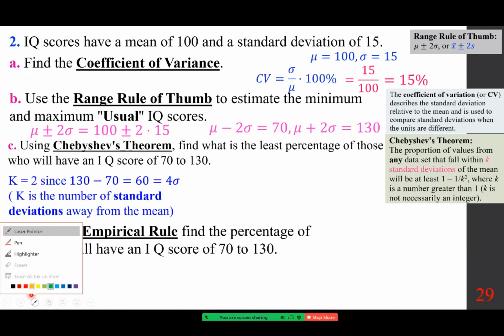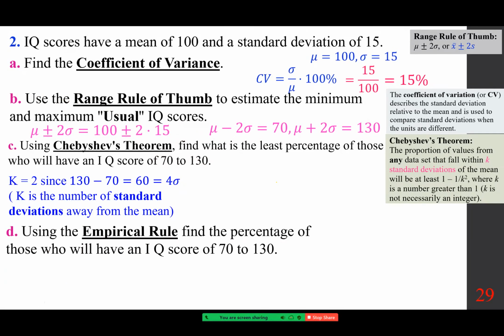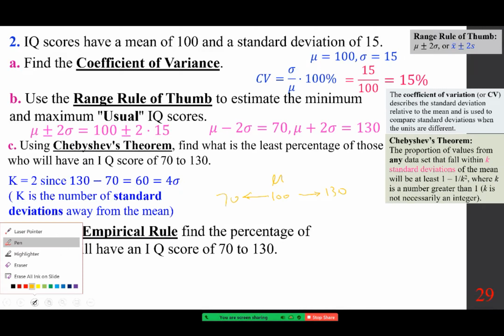There are simple ways. One is, if you put the mu right in the middle, which is 100, and then on this side, you're going to go to number 130. So there are 2 ways. I'm going to show you both ways. On this side, you're going to go to 70. And you look at the difference between the two. Again, we've already used the previous part.